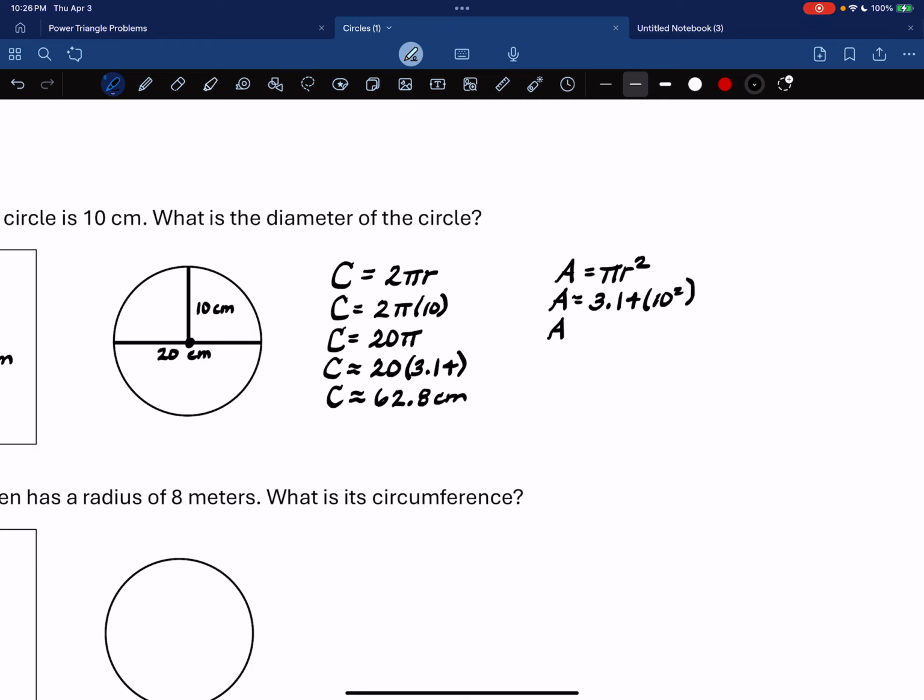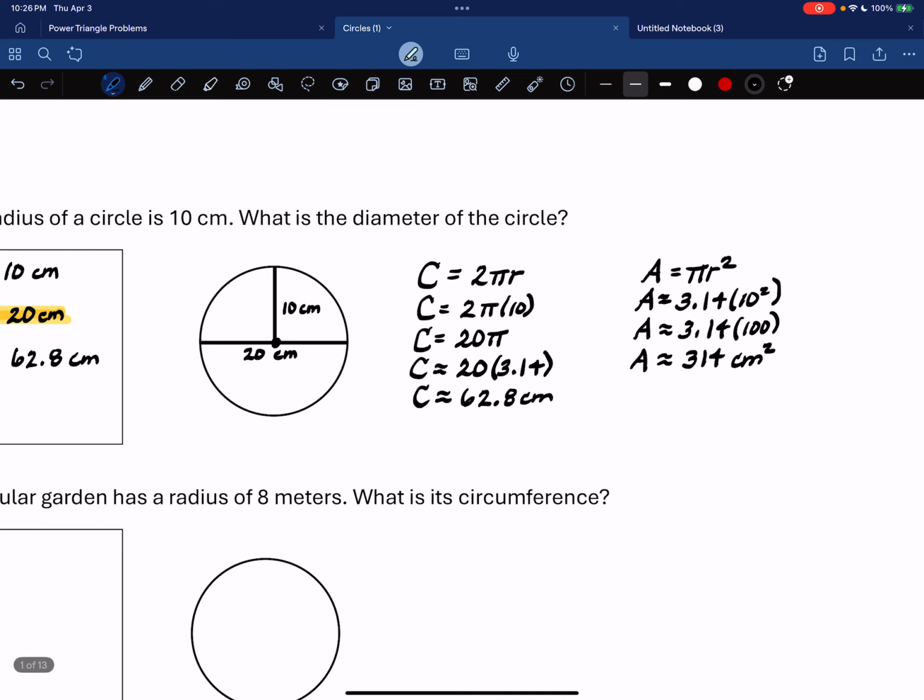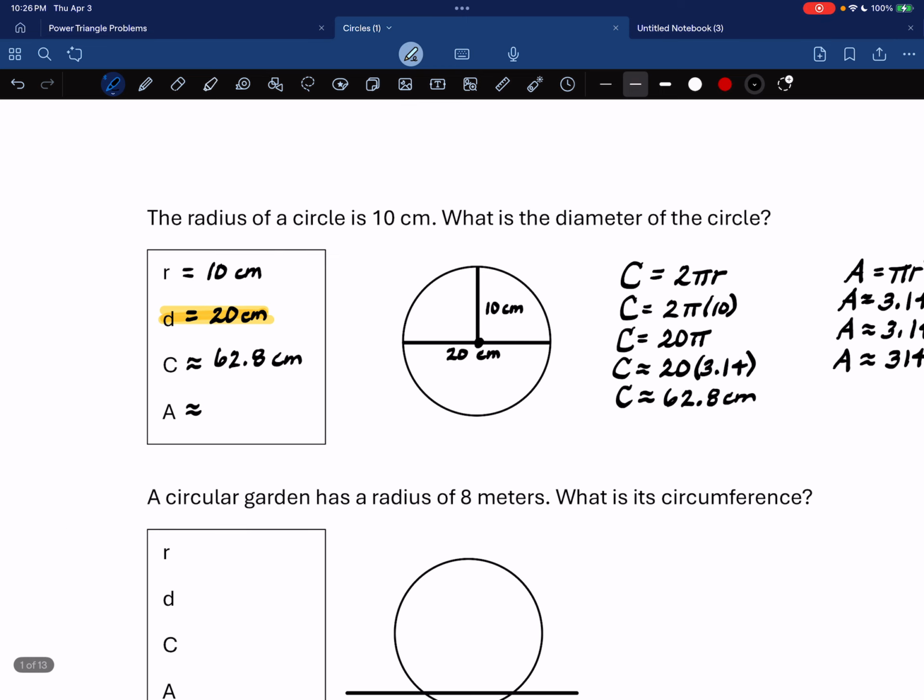So that's approximately 3.14 times 100, and that is approximately 314 square centimeters. So that would be the area. But the dimension that they were asking me for here is diameter.